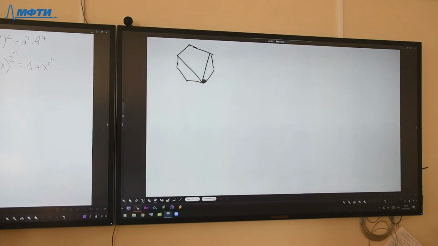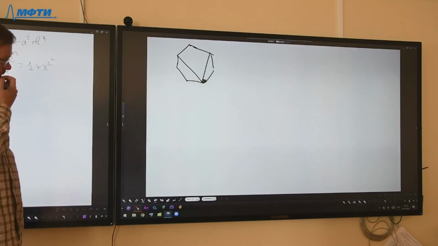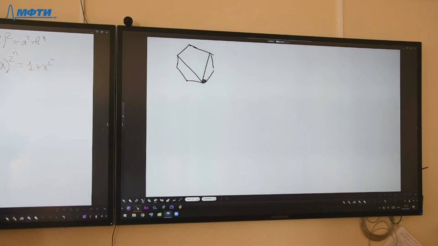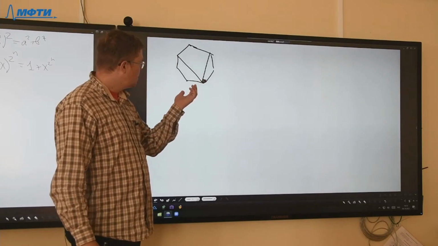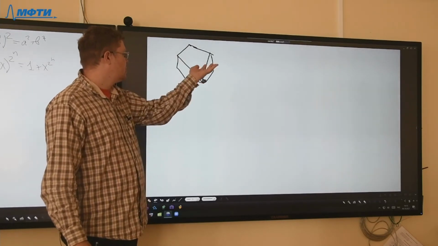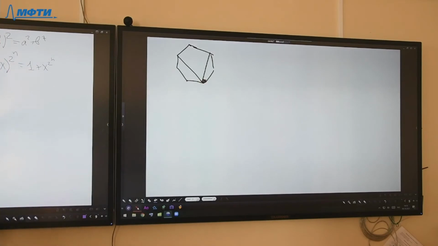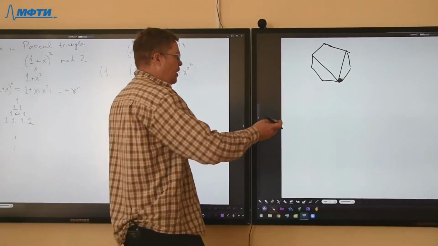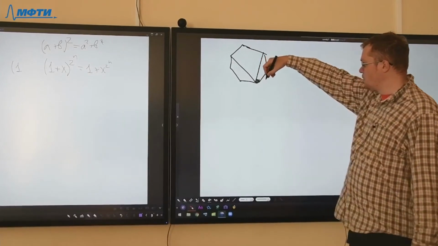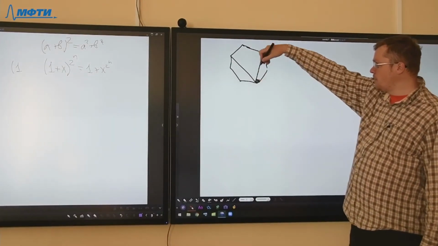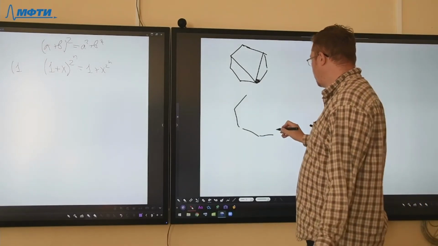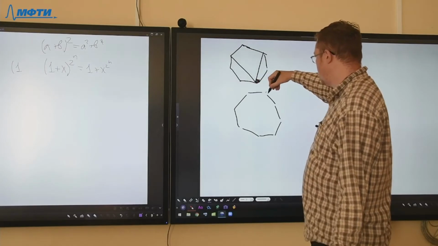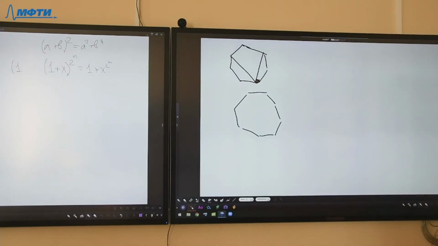But in some cases there are no diagonals using this point. So we cannot describe the triangulations of the polygon in terms of triangulations of smaller polygons, because I cannot divide it into two polygons using this point, since there are no diagonals using it. So if we cannot use the point, we can take one of the edges.